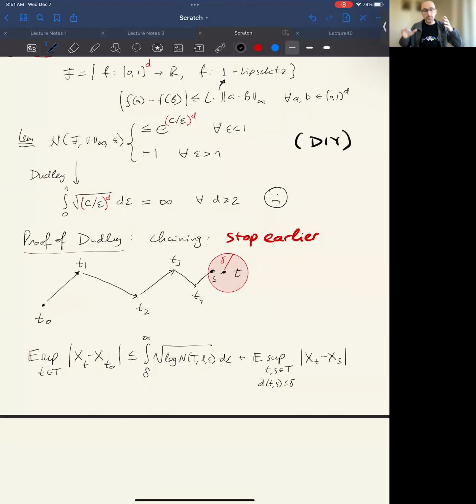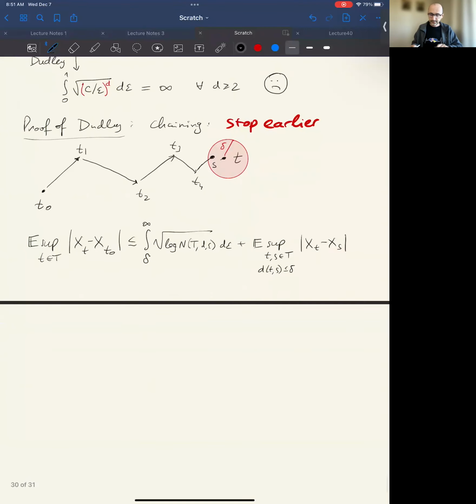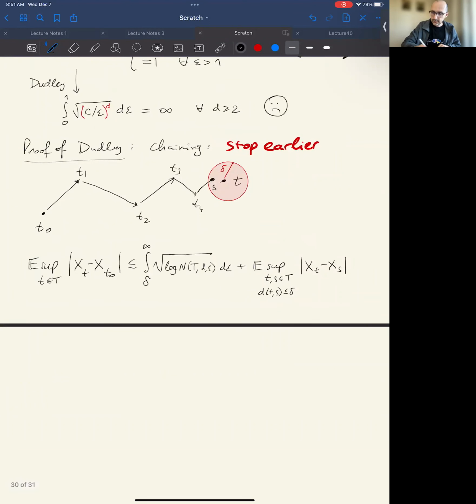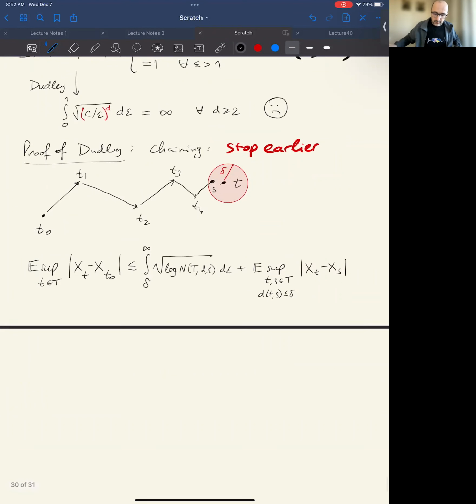But we're back to the same problem of bounding this process, but now in this ball of delta locally. So you need to check this, but this is really what chaining gives you.